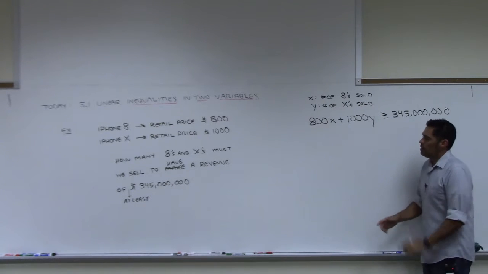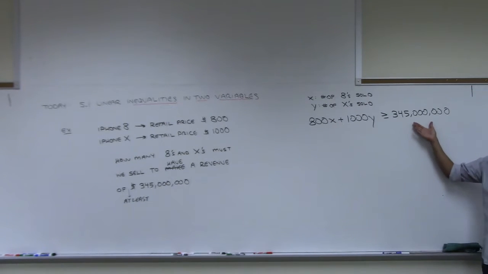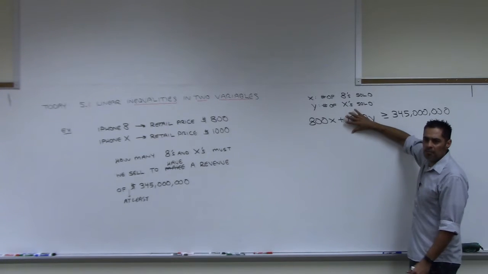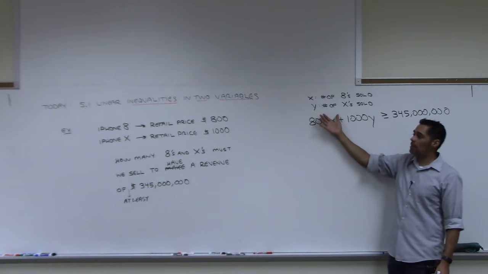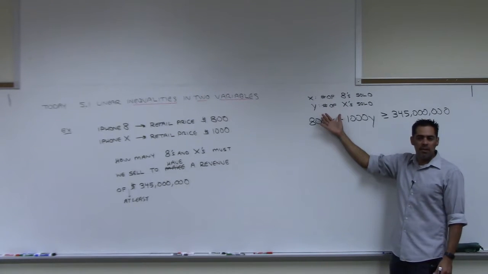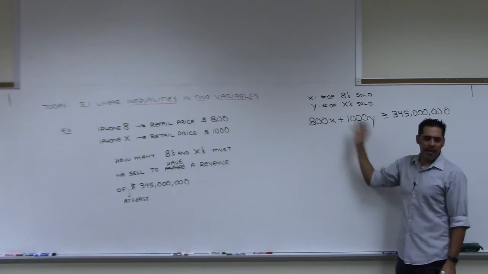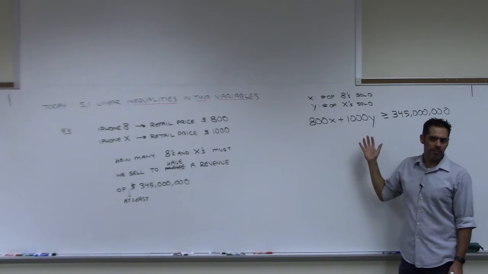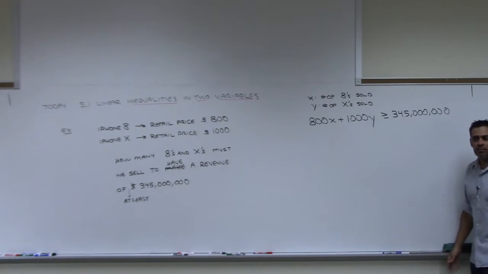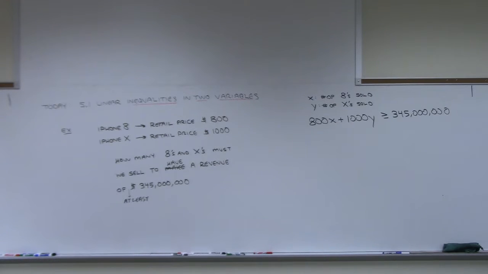So there's different ways to make $345 million, right? You could sell nothing but iPhone 8s, or you could sell nothing but iPhone X's. But you could also sell some combination of the two, couldn't you? And that's what we're about to figure out. All right, what do you suggest we do right now if we're going to try and solve this?